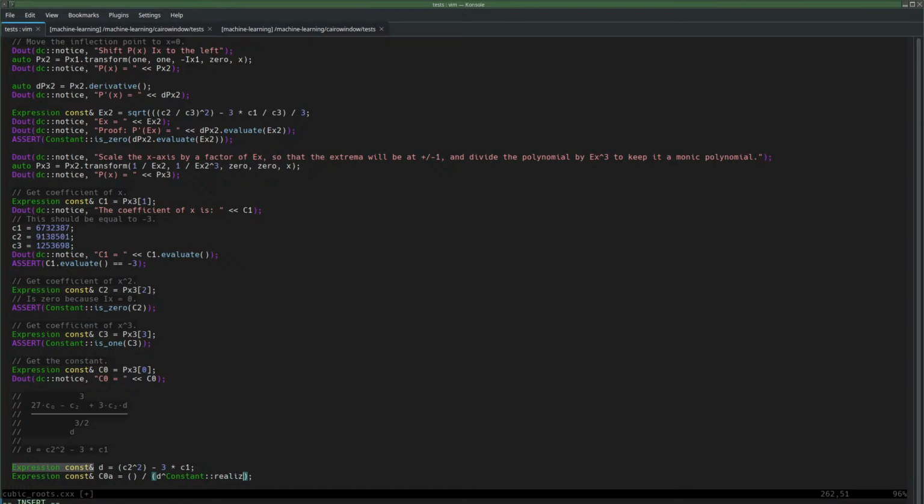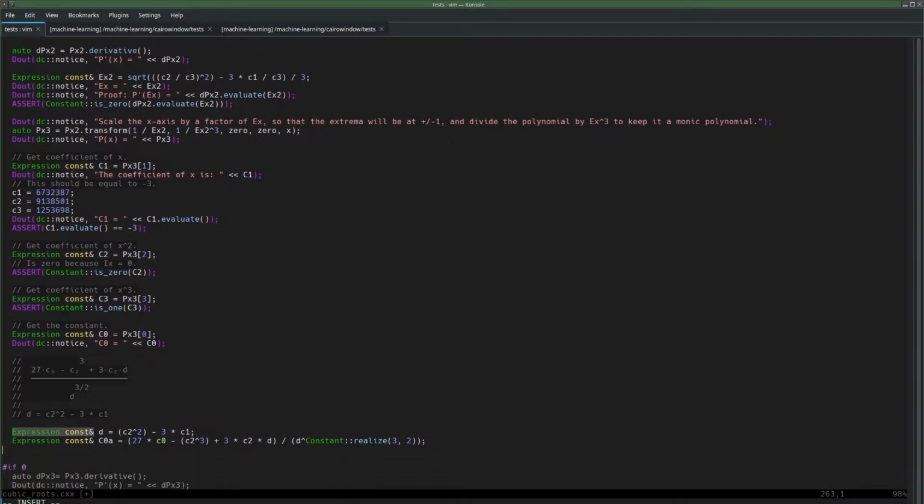Constant realize 3 divided by 2, and that thing is 27 times C0 minus C2 to the power 3 plus 3 times C2 times D. Let's print that.